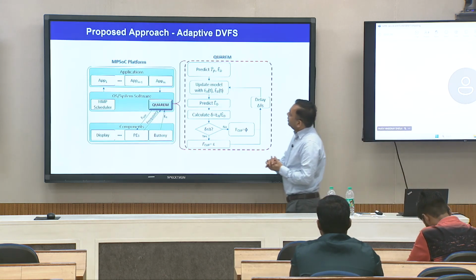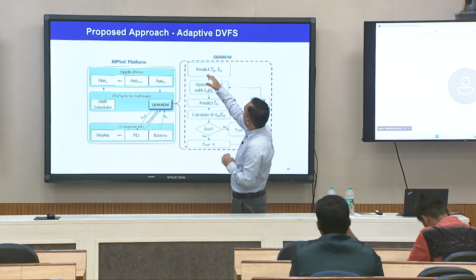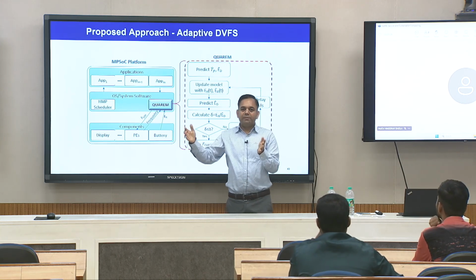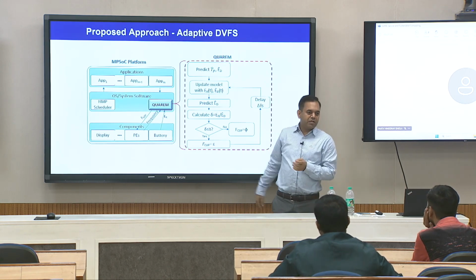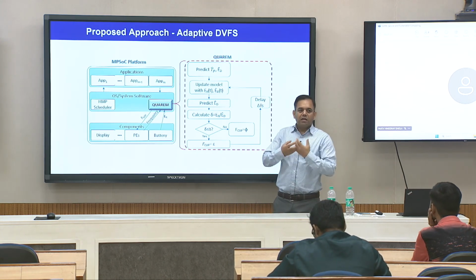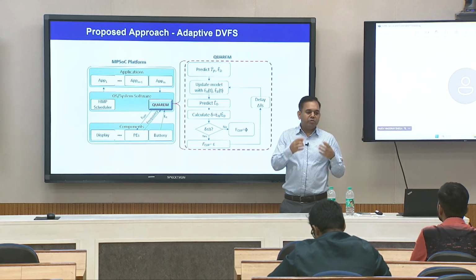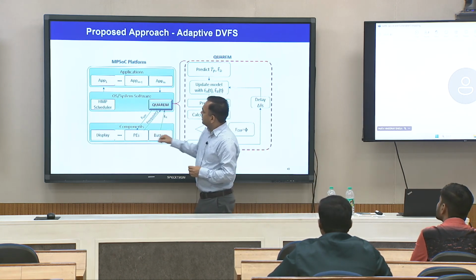One of the works is by a PhD student who proposed what is called adaptive DVFS. Over time, depending upon the situation, you keep changing the voltage and frequency so that you take less power, and at the same time try to meet the expectations of the smartphone users. These are the same blocks, you can see.